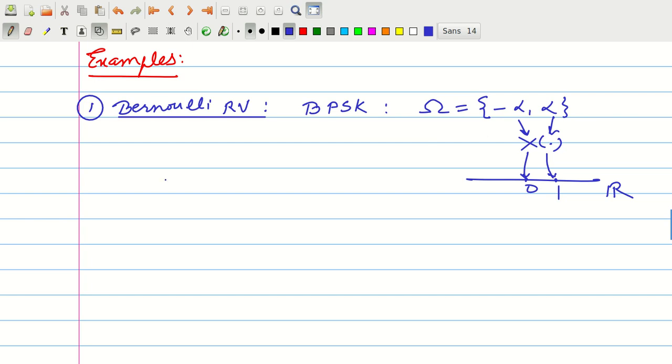Let us say the probability of x taking the value 0, or in other words the probability of the symbol minus alpha to be transmitted, is equal to small p. Then the probability of the transmission of symbol alpha, which is equivalent to probability of x equal to 1, will be 1 minus p. We can call it q.